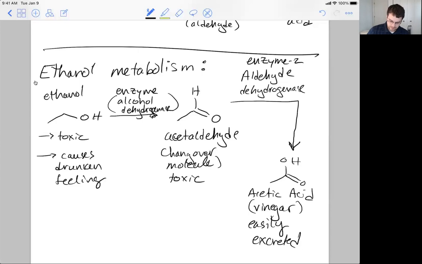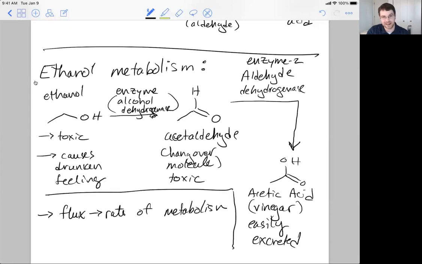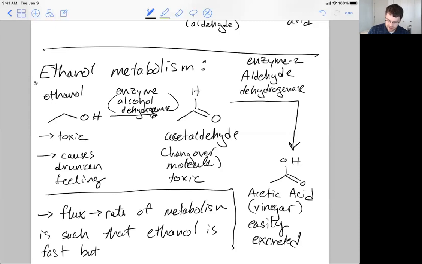The flux, or rate of metabolism, is such that ethanol oxidation is fast, but acetaldehyde oxidation is slow.